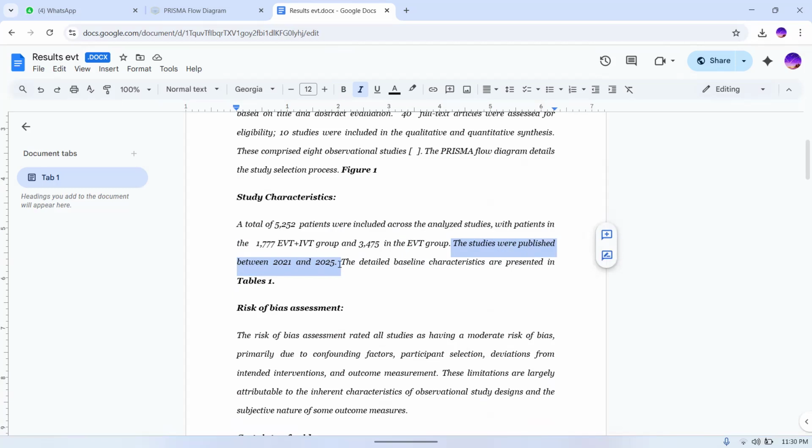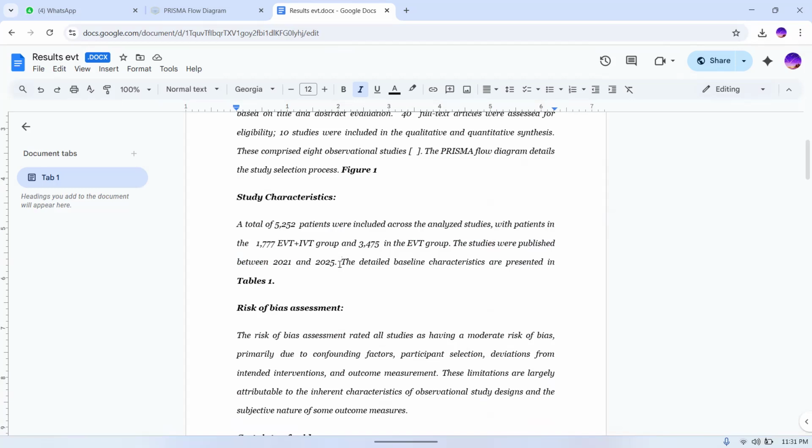So you would have to write between which timeline the studies were published. Another line you can write is in which countries the studies were conducted. For example, out of these 10 studies, 8 were conducted in Germany and 2 were conducted in the USA. We would have extracted this in our baseline table, as most people include the country of study as a column in their baseline table.